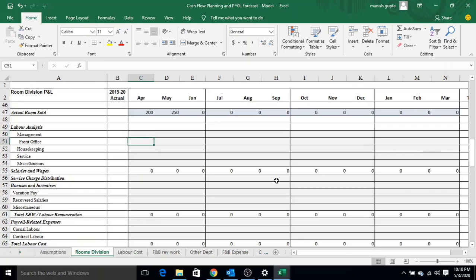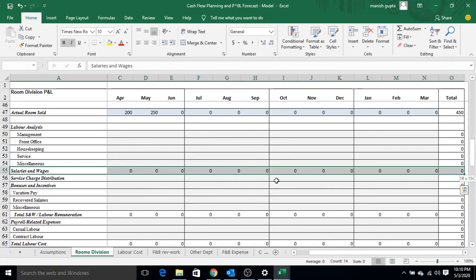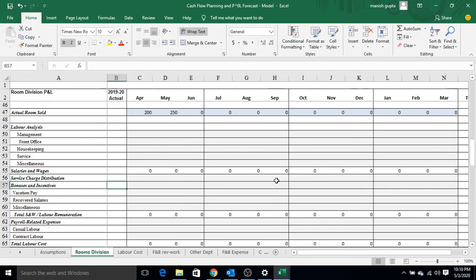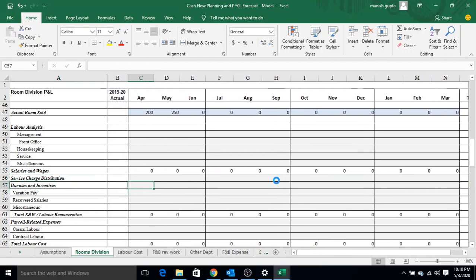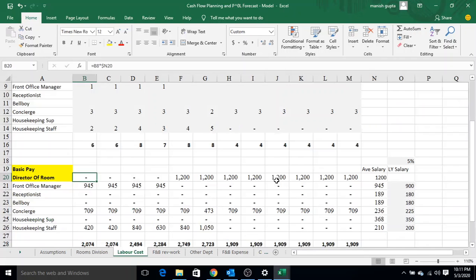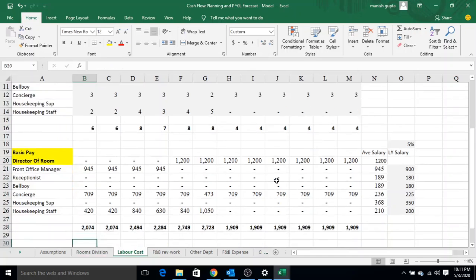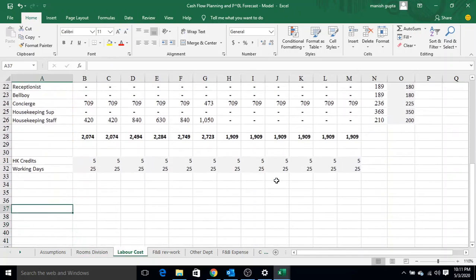Once you are doing the salary, up to here is the salary budget based on each position. After that you have vacation pays, or the payroll related expenses, which are like social security benefits. So here below the labor cost you can write down your other expenses, what will happen, bonus provisions for each month.